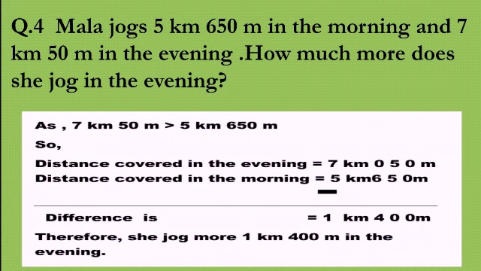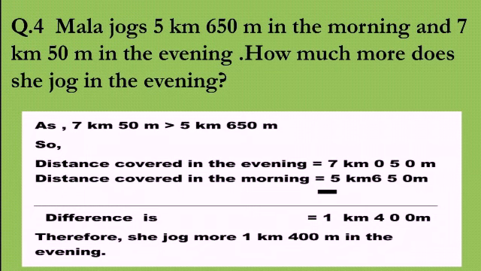See, 7 km 50 meter is greater than 5 km 650 meter. So 7 km 50 meter is the distance covered in the evening, and the distance covered in the morning is 5 km 650 meter.